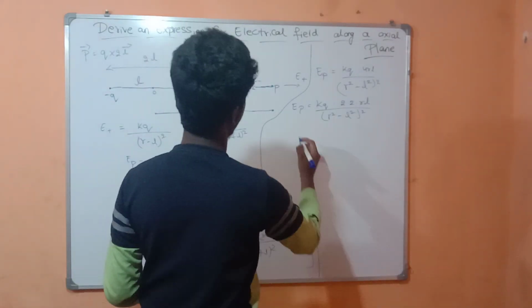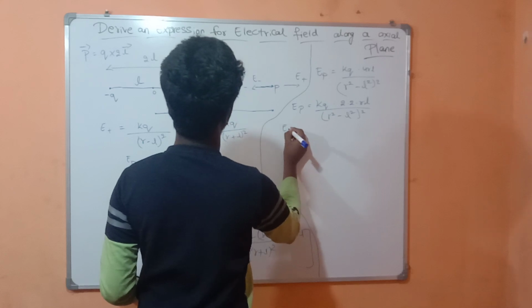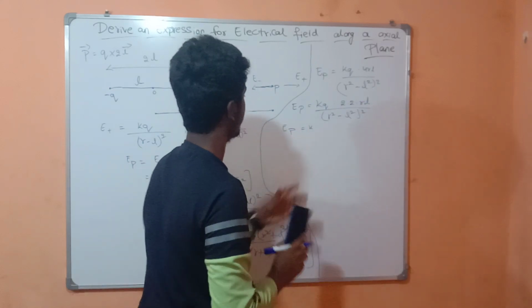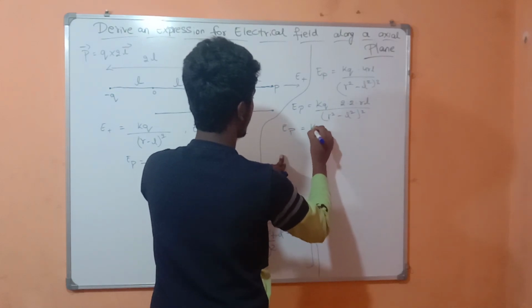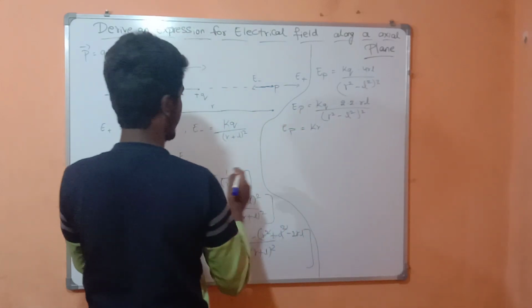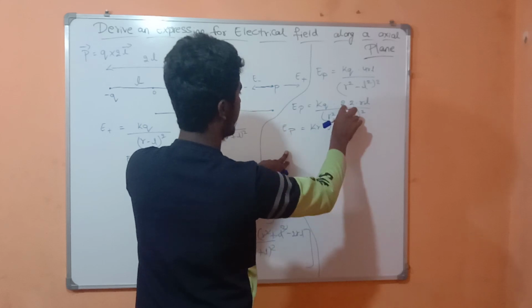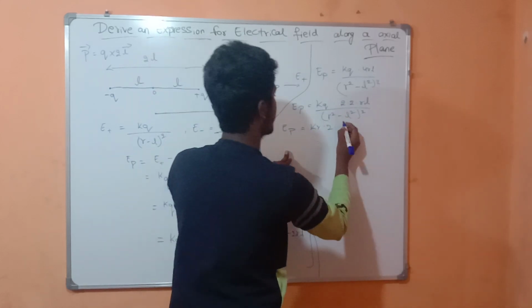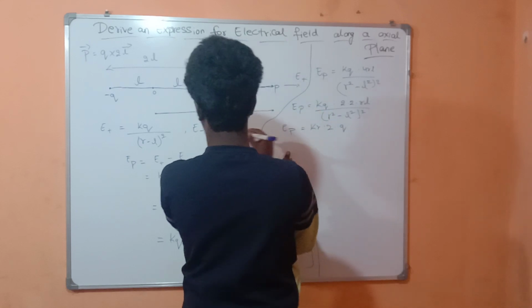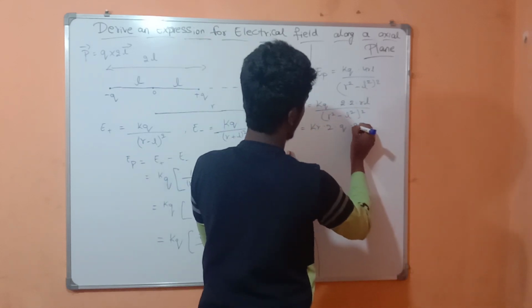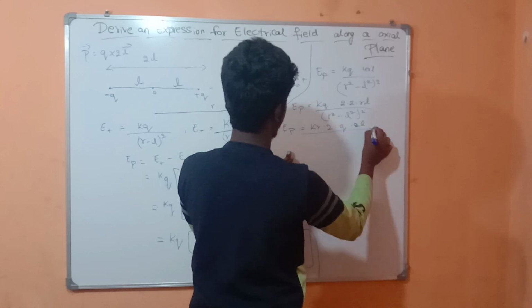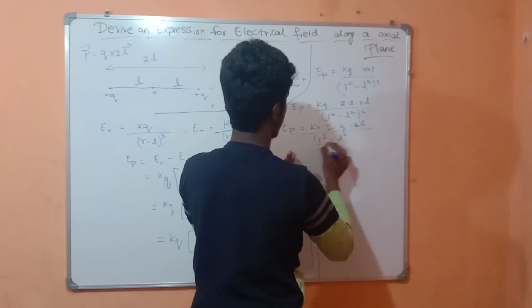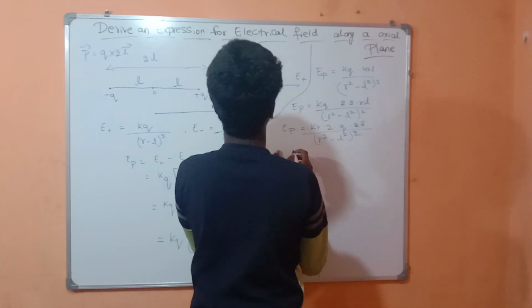Now EP will be equal to K times R into 2 into Q into 2L divided by, as it is, (R square minus L square) the whole square.